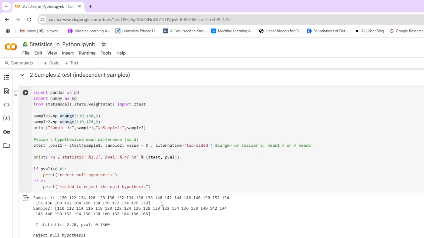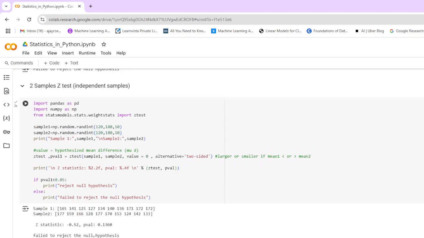Let me now try to include random.random, and I look for some 10 numbers. Here again, in the same range, I generate some random numbers.